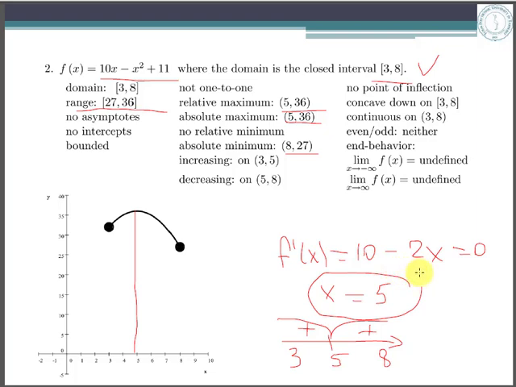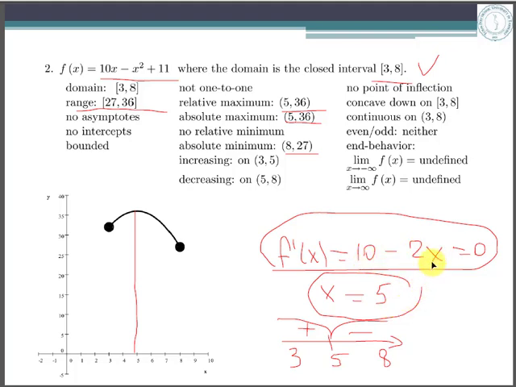Yeah, I had a mistake. Sorry, this is not plus, this is minus, because if we consider a number which is greater than 5, for example 6, and put it into our derivative, we get a negative value, 10 minus 12, for example.